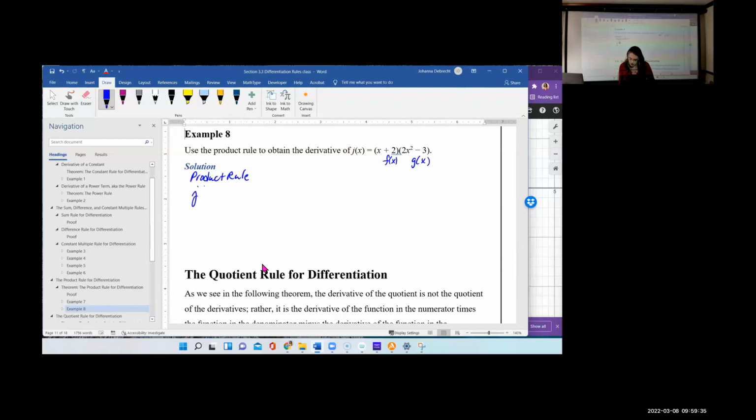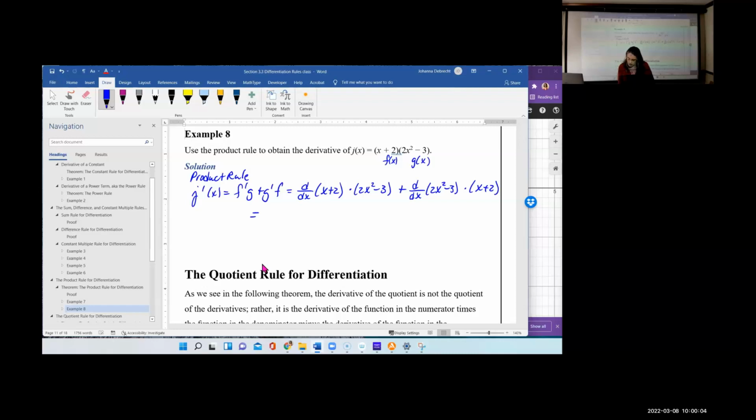So j prime of x is equal to f prime g plus g prime f, which is going to give us the derivative with respect to x of x plus 2 times 2x squared minus 3 plus the derivative with respect to x of 2x squared minus 3 times x plus 2.